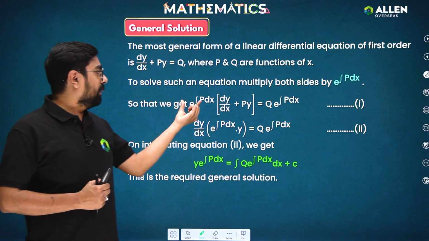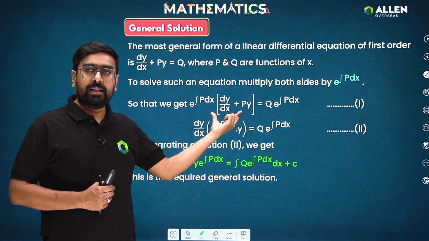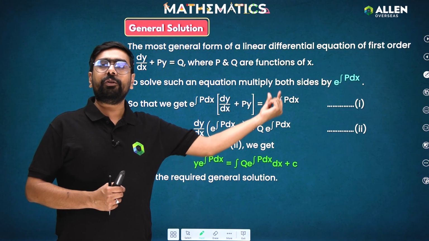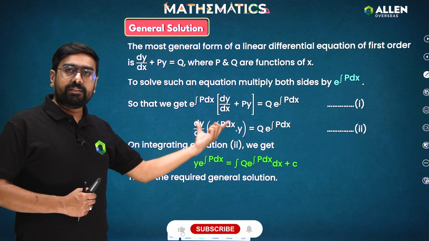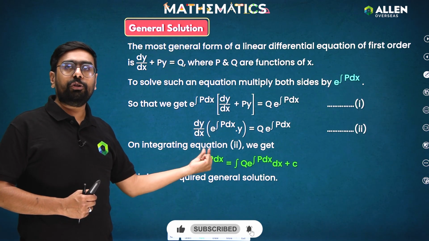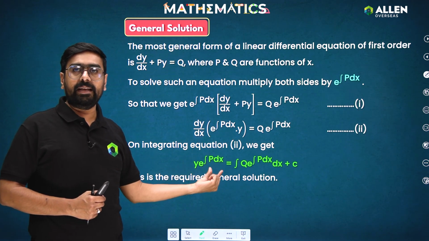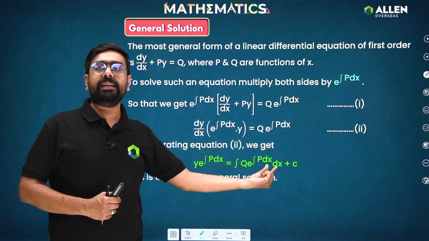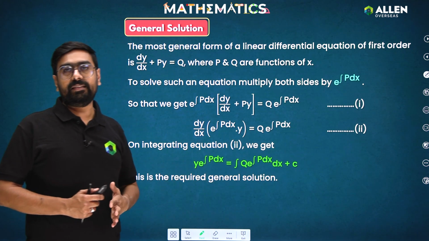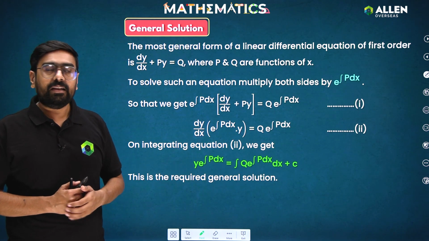So we'll get e to the power of integral of p dx multiplied with this on the left hand side is equal to q into e to the power of integral of p dx. And when we summarize this, we'll get y into e to the power of integral of p dx is equal to integral of q e to the power of integral of p dx plus c. This is going to be the general solution.